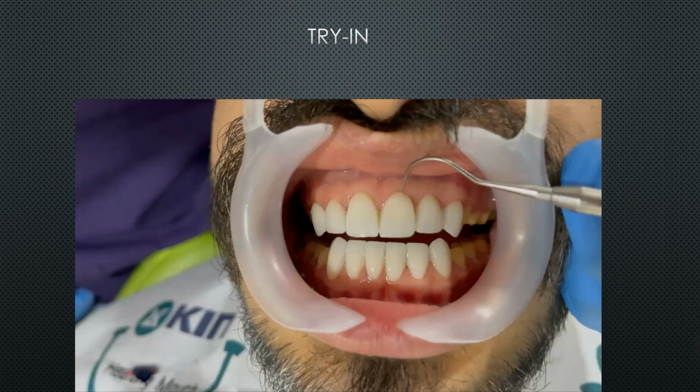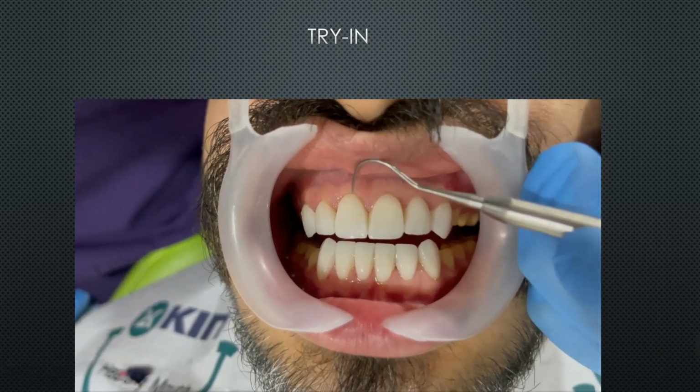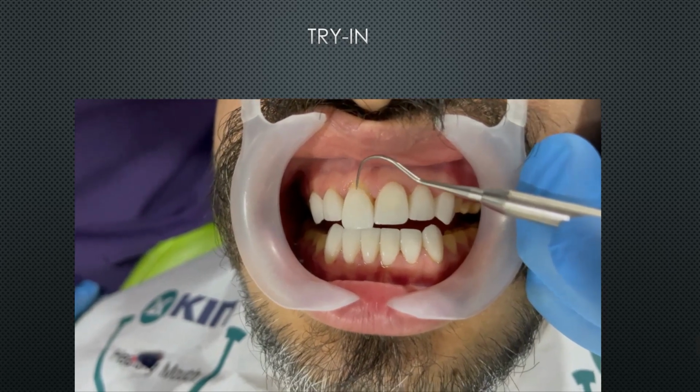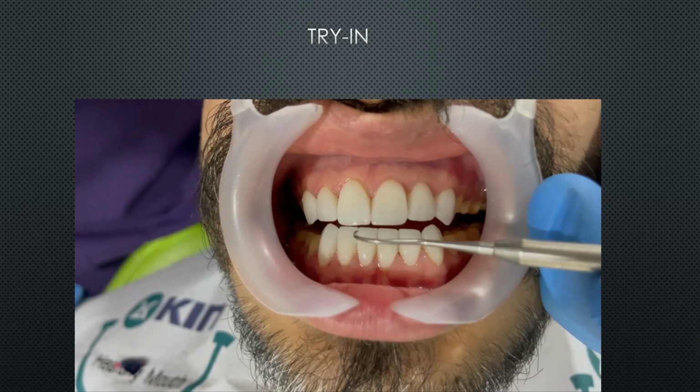Okay, let's take another slide. That's his veneers. This is the insertion. This is his bridges, 4 bridges.